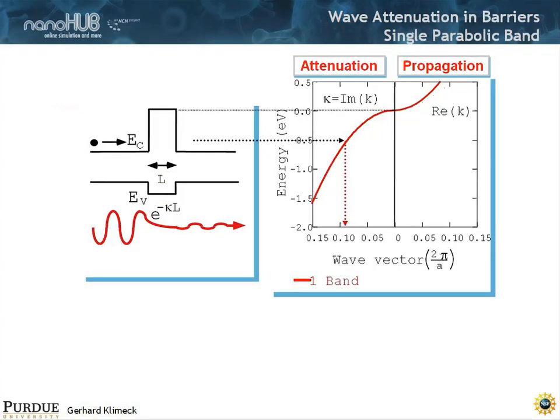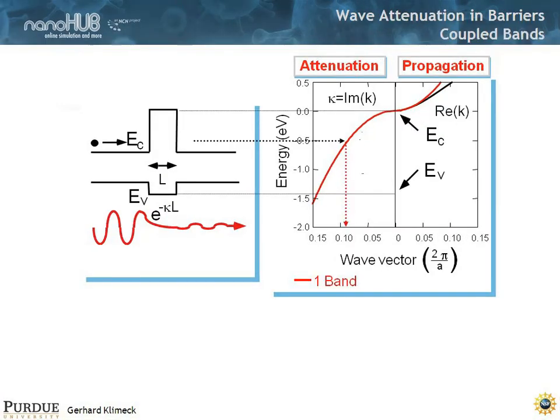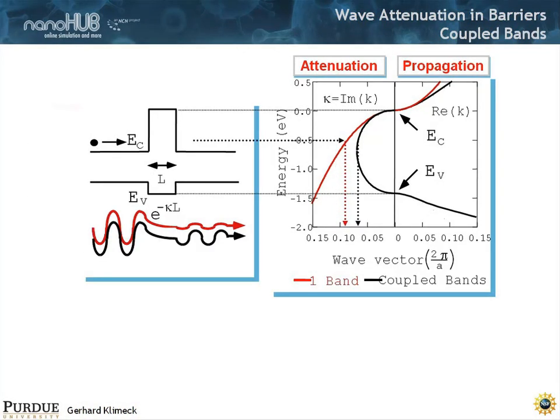But the fact is that these bands are coupled. There is a valence band that sits at a lower energy that might look like this, and these bands talk to each other. They're coupled in the complex plane. That means if you're now injecting a carrier at this energy, the proper kappa is actually a much smaller value, because you're really only matching this complex dispersion right at the top of the barrier.